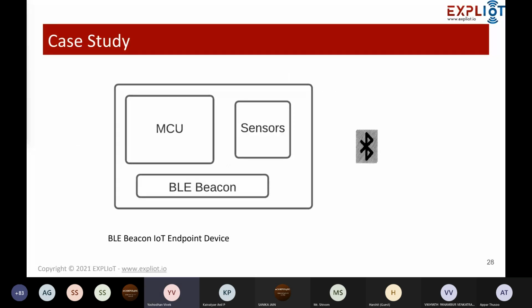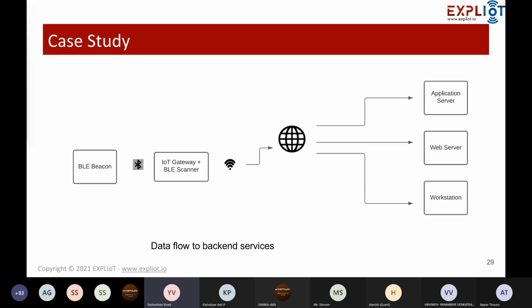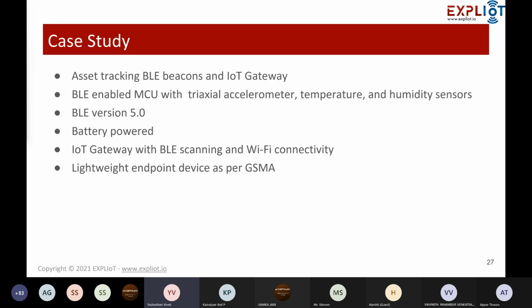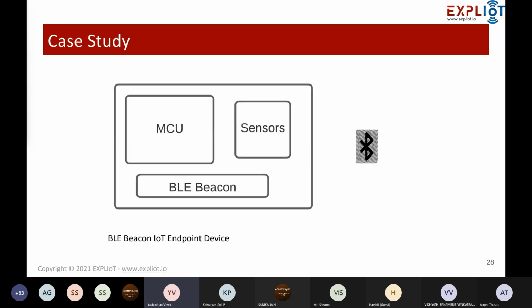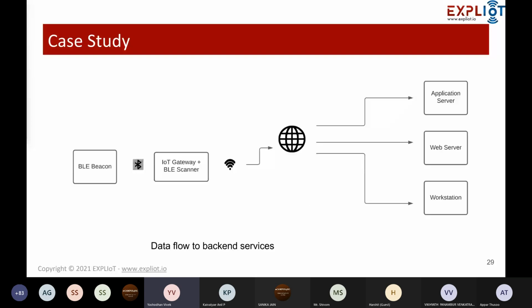Here, the first part, as we spoke about, the BLE beacons, will come under the category of the endpoint device, a typical IoT device where we have an MCU, sensor and a BLE beacon. And in the backend we have an IoT gateway, where BLE beacons are sending some data from those sensors, and the IoT gateway will have its own BLE scanner, which scans data.